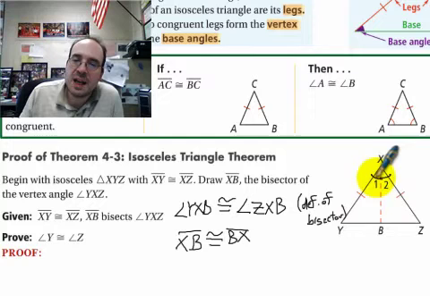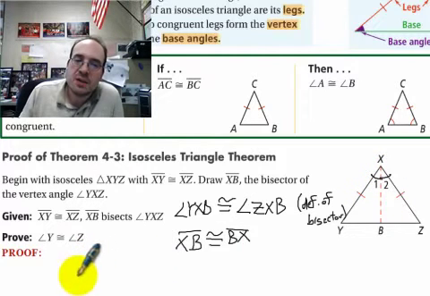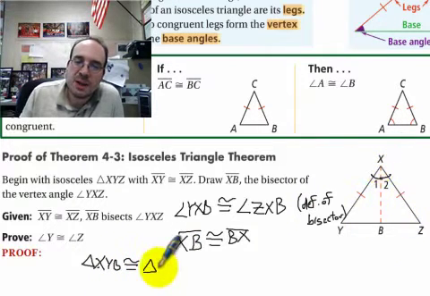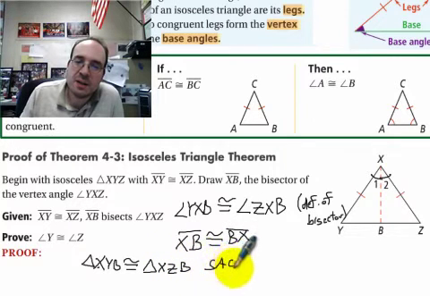So by side, angle, side, triangle XYB is congruent to triangle XZB. And that's by side, angle, side.